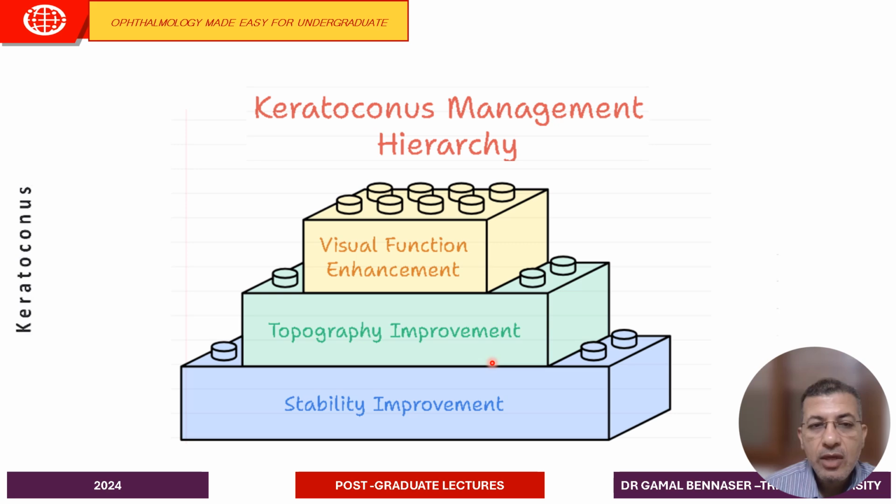So this is one of the major targets in the management of patients with keratoconus: to regularize and improve the shape and topography of the cornea. And this is perhaps the main use of the intrastromal corneal ring segments, to regularize and improve the shape of the cornea.